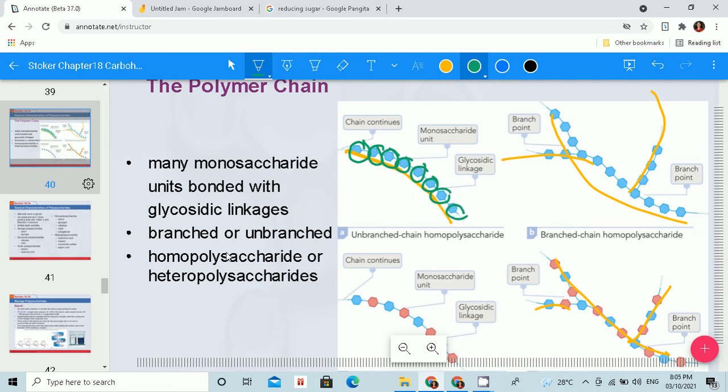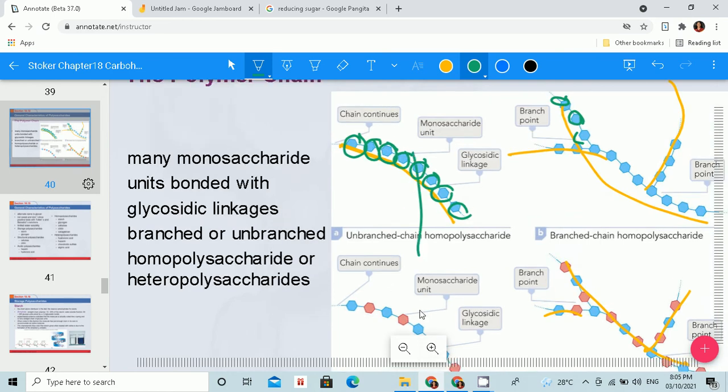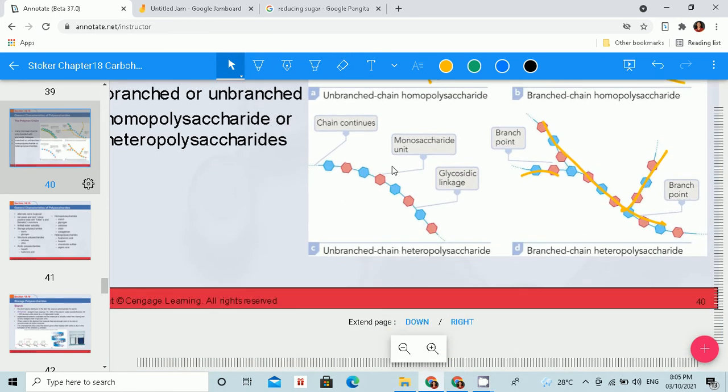And then we have this one. This one is a branched homopolysaccharide. This is an unbranched homopolysaccharide. Then for this case, as we can see here, this is unbranched, but the blue is different from the red monomer, so this one is a heteropolysaccharide.